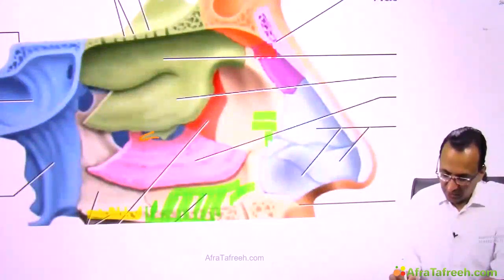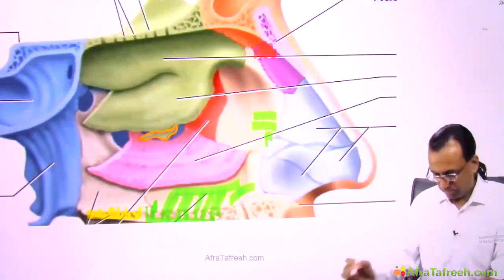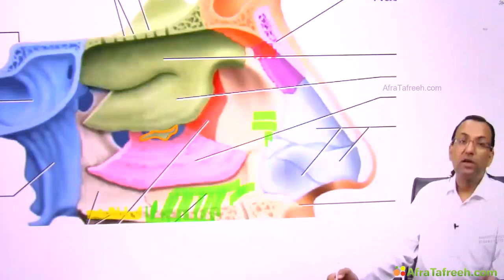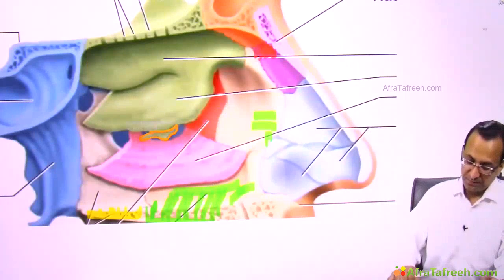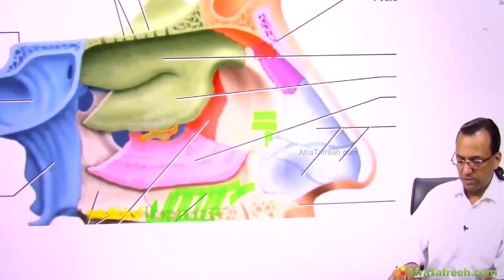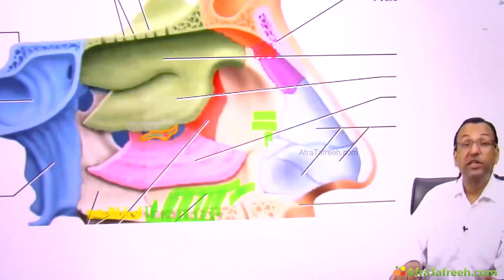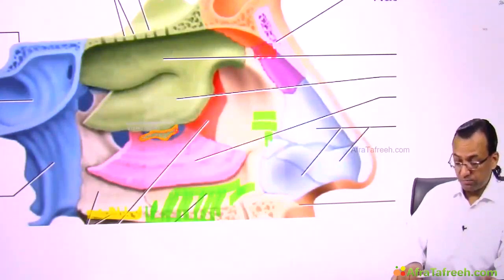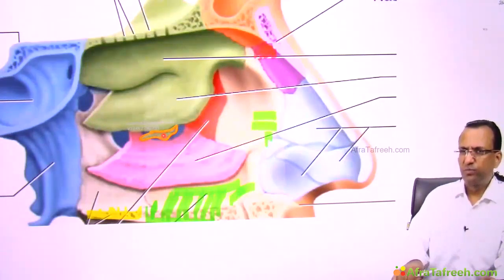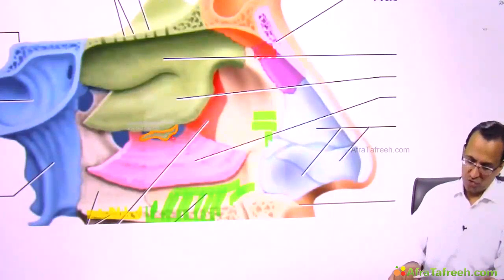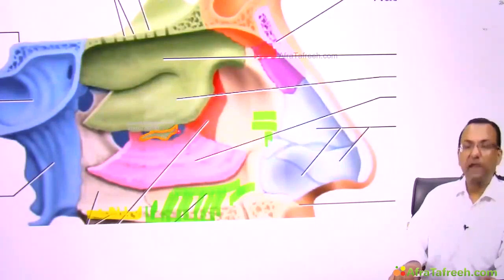Sir, you are smiling and we are having so much problem. Yeah, sometimes you can smile, but it's a sad state of affairs actually. It's a very serious affair, in fact. So, what is serious here? Shall I tell you? They're asking now, the uncinate process of ethmoid is articulating with which bone?